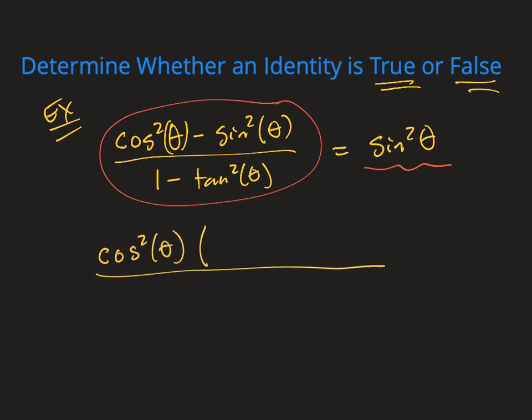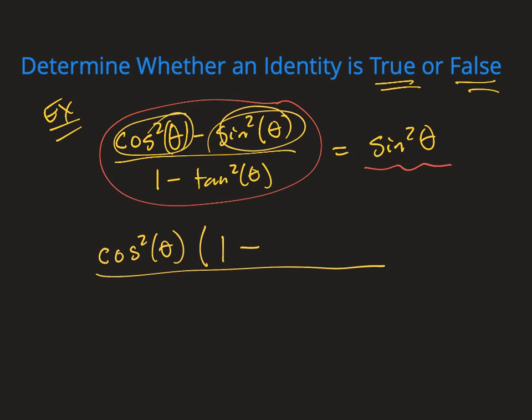Now, when I factor out a cosine squared theta from that term, I'm left over with a 1. But you're probably saying to yourself, dude, there is no cosine squared of theta to take out of this second term. And you're correct that there isn't. So what I'm going to have to do is fake it.